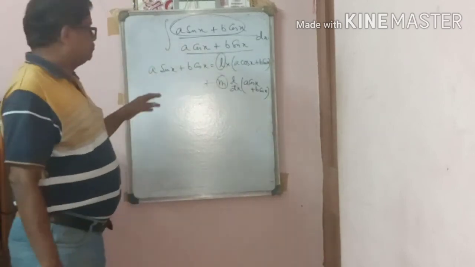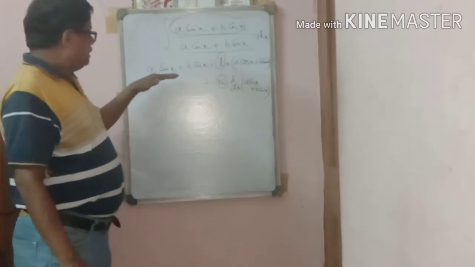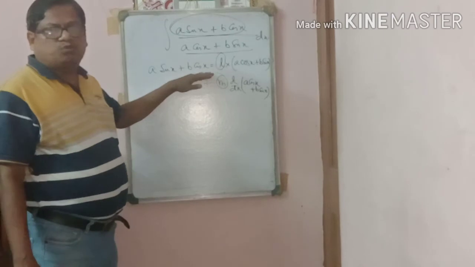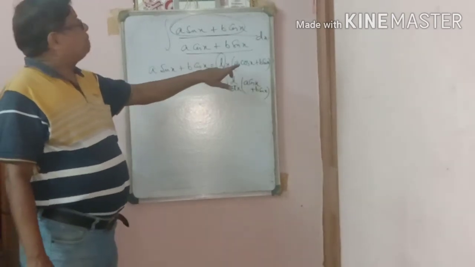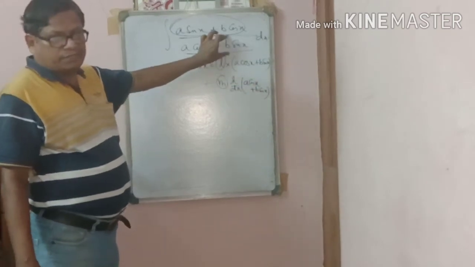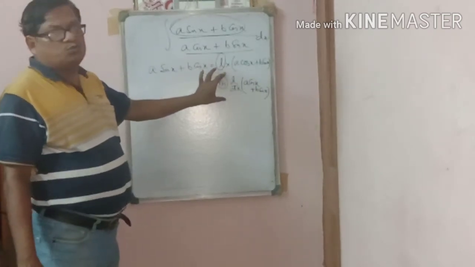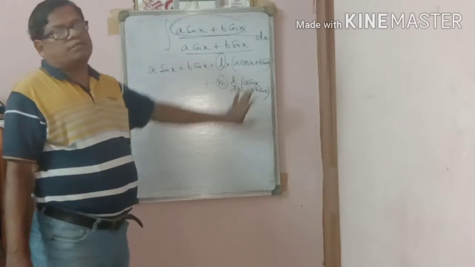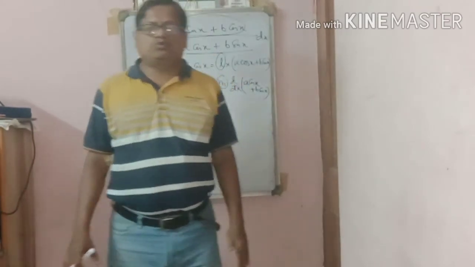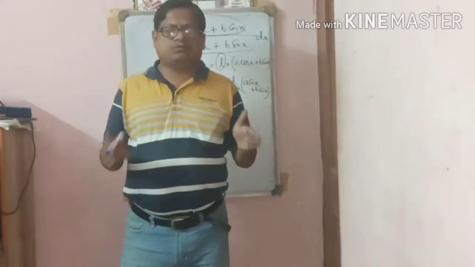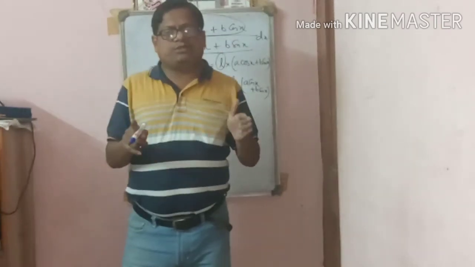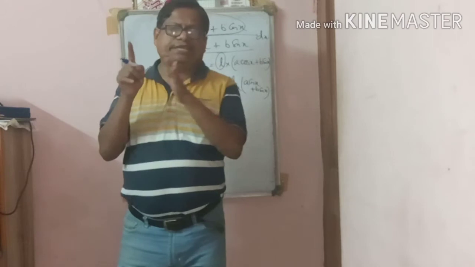So numerator equals L into denominator plus m into d/dx of denominator.